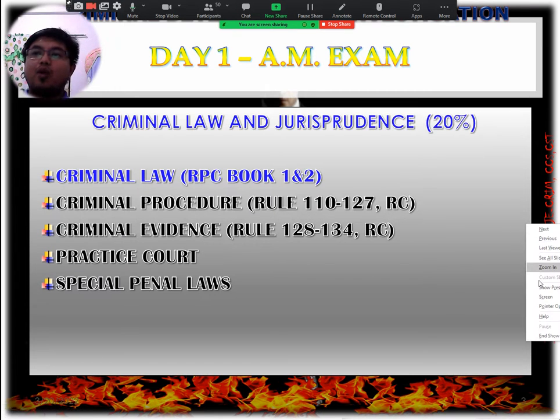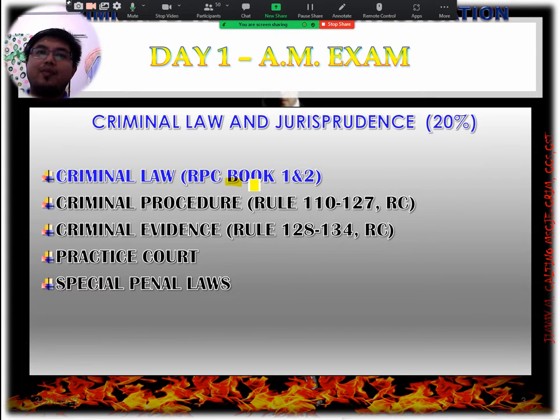Criminal law book 1, we have the means of committing crime. How do you commit crime? By dolo or culpa, by deceit or negligence. And for criminal law book 2, we have the list of crimes and penalties.